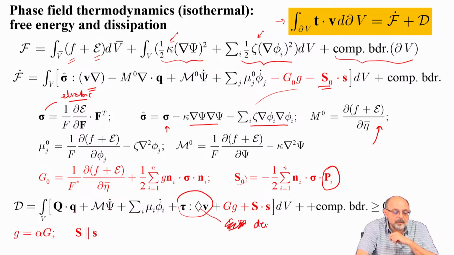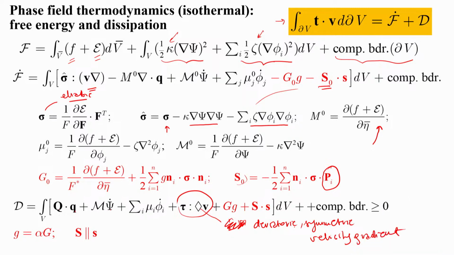This is the deviatoric and symmetric velocity gradient component, because we want to consider our gas as incompressible, and I have dissipation both through lattice growth and lattice sliding.